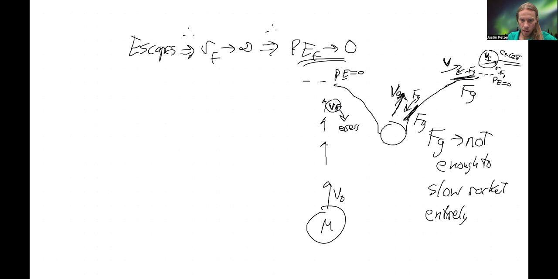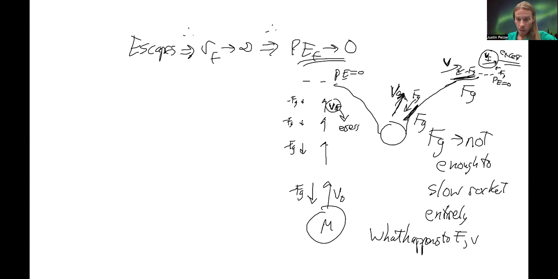And we have a negative force, which is decreasing faster. The negative force is so tiny. The negative force is essentially zero here as it goes to infinity, such that the negative force is not enough to slow the rocket down. So this is the concept of, what happens to F and V? This is the answer.